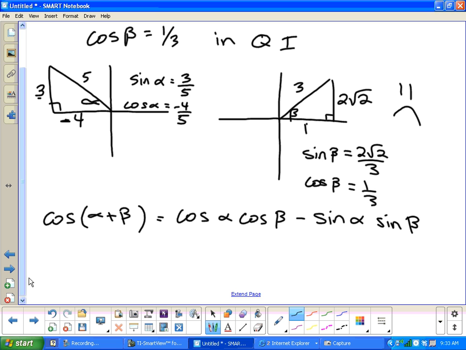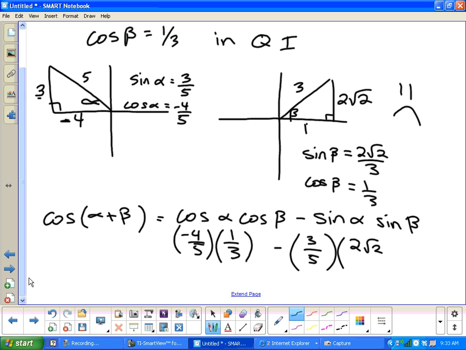Cosine of alpha. Right. Cosine of beta. Okay. Sine of alpha. Yes. And then sine of beta. 2 square root of 2 over 3.